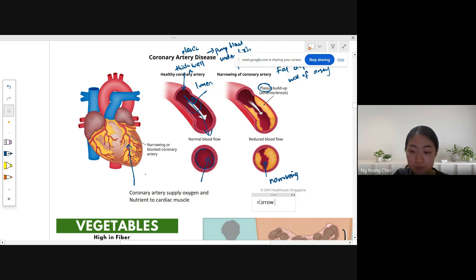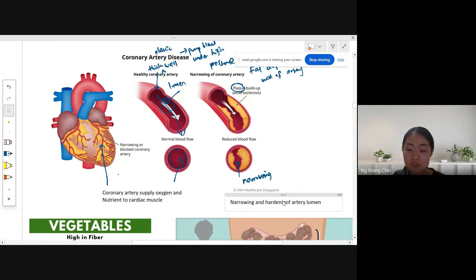Narrowing of the artery lumen, and they also become hardened. Narrowing and hardening of the artery lumen. When they narrow and become hardened, what does that mean? Hardened means the artery wall itself loses its elasticity.